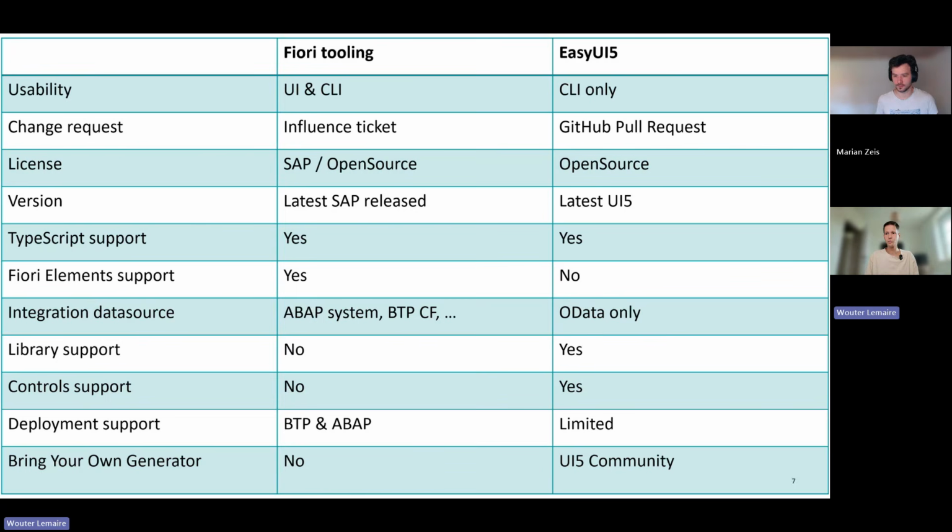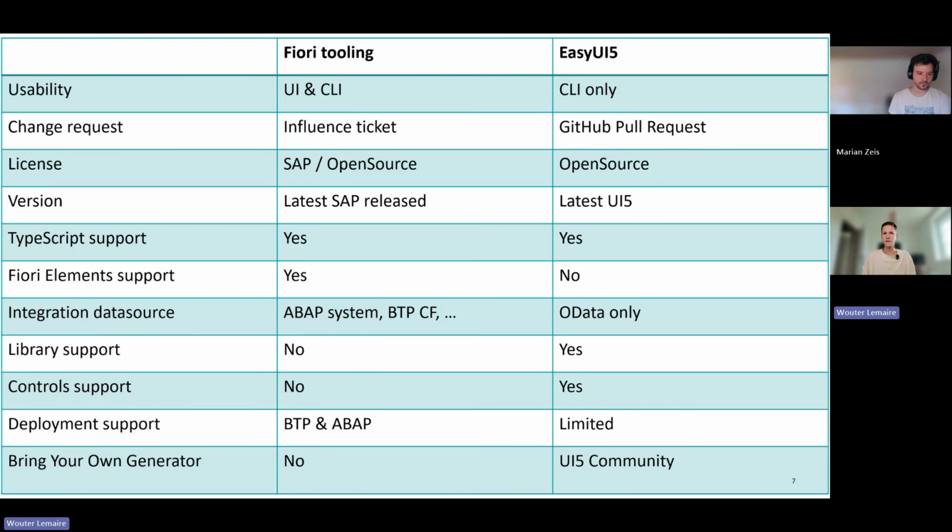Deployment support is limited in Easy UI5, while we have full support in the Fiori Tooling for BTP and ABAP. One last thing is, for Easy UI5, you can create your own generator. I once was missing a generator for master detail. I just made it, made a pull request to Easy UI5, and it's now in there. And this is definitely not possible at the moment with Fiori Tooling.